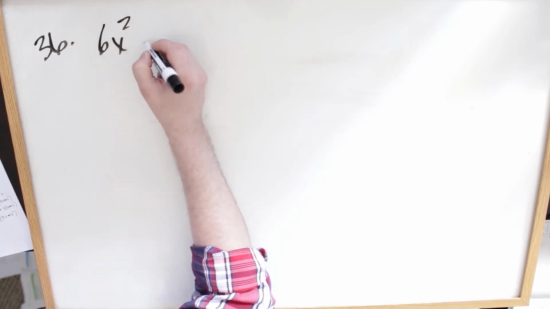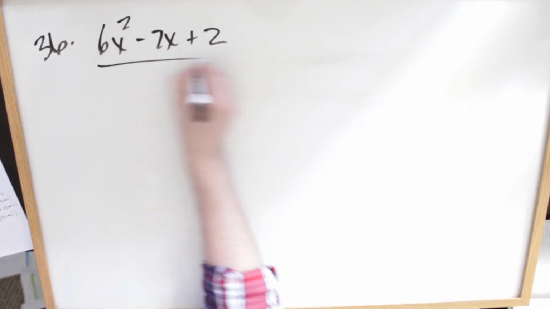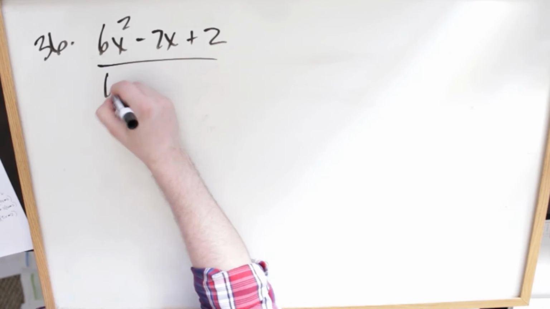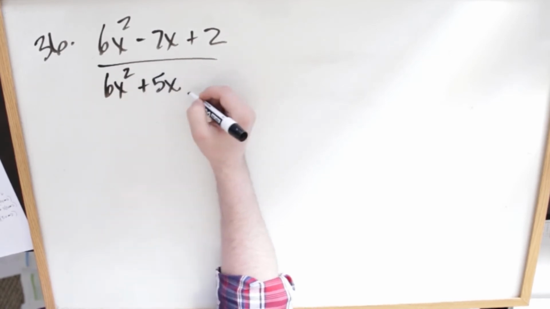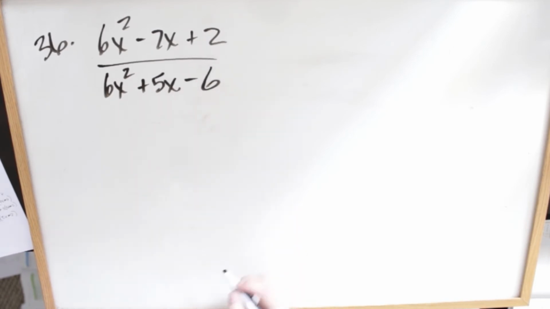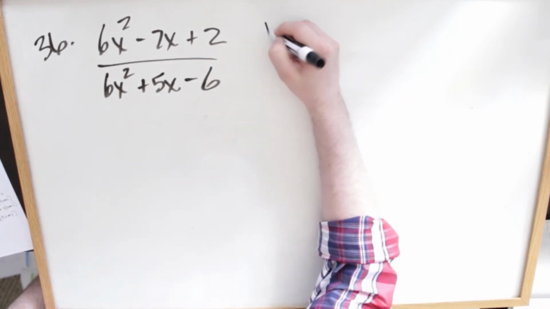So 6x squared minus 7x plus 2 all over 6x squared plus 5x minus 6. Okay, this is going to be a long question, because I've got two pieces that are both kind of crazy factoring. So let's just work on a piece at a time. Okay, we'll do the top piece.